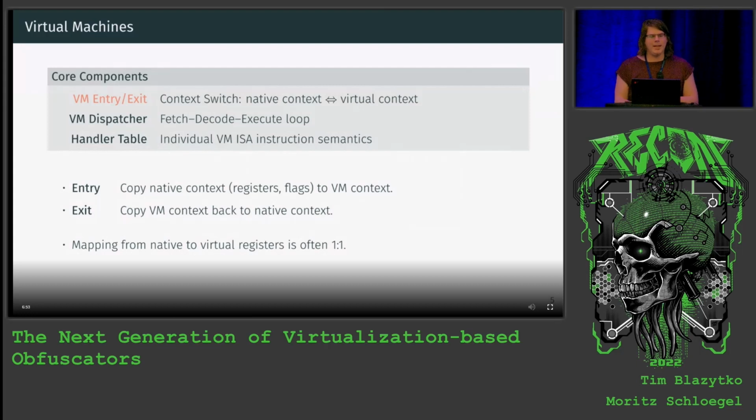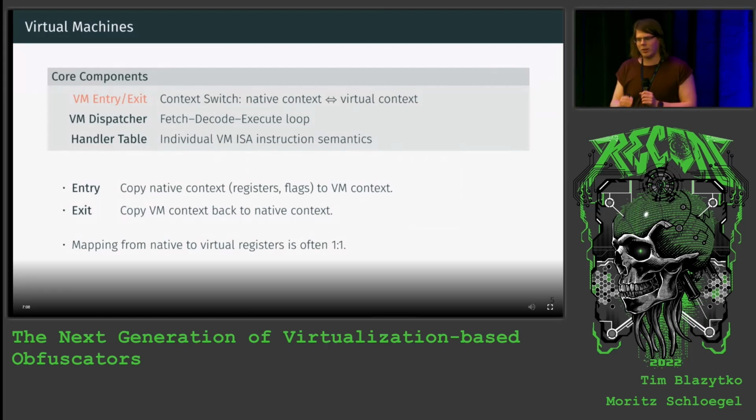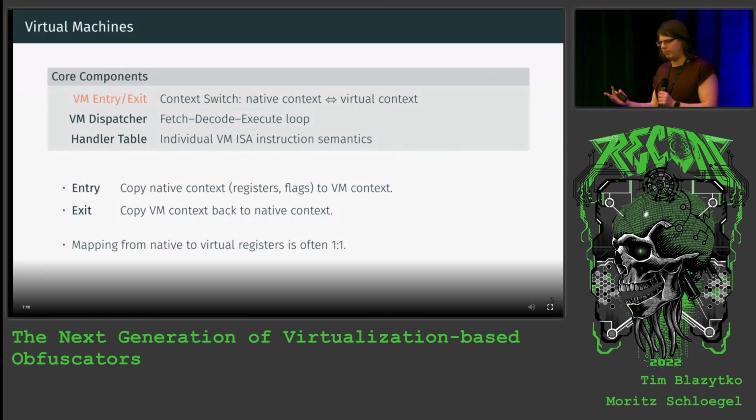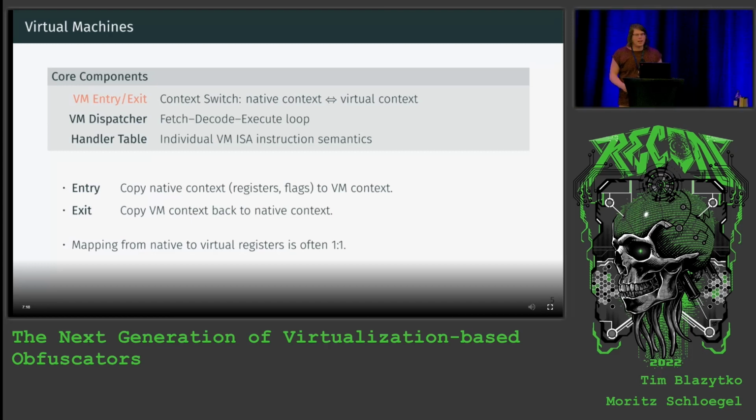If we leave the native CPU state and switch into the VM state, we have to do a VM entry, which basically backs up all the native CPU registers, initializes the VM, the keys, and stuff like that, and then transfers the control flow to the VM itself. Once we've done all the calculations, we leave through the VM exit, which is the function epilogue, where we restore the outer CPU context.